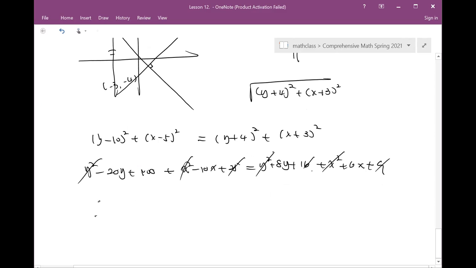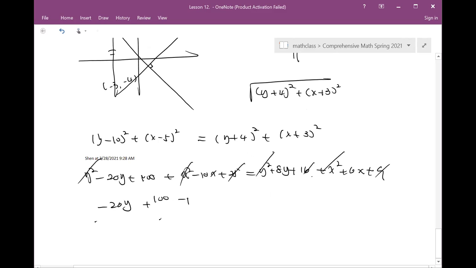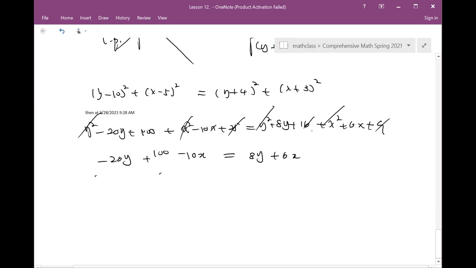So you have negative 20y plus 100 minus 10x. Okay. The right-hand side is 8y plus 6x. So we move all the terms to the right-hand side. So I get 28y plus 16x. And I can still keep 100 on the left-hand side, okay?